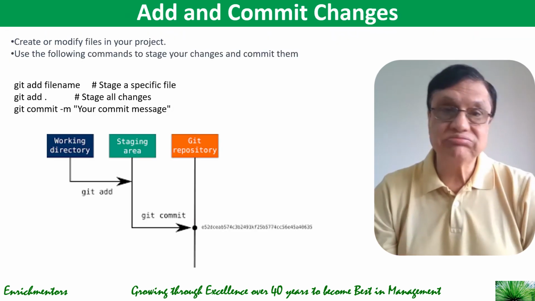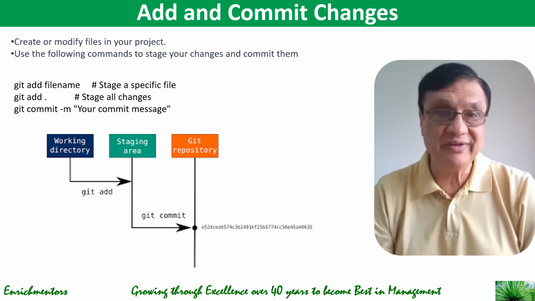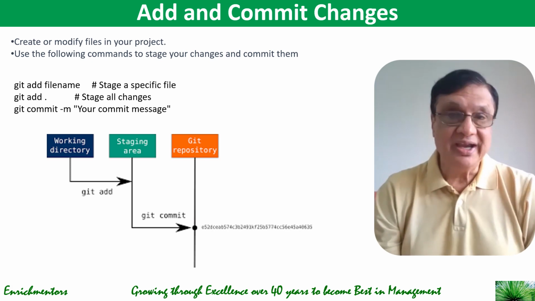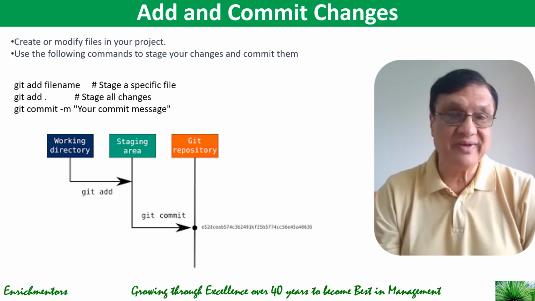Then, once you have your project created and residing on Git, you can create or modify files in your project, and you can use commands like git add followed by the file name. And then you can also stage a specific file by using a command.